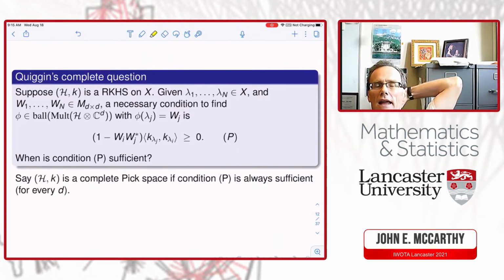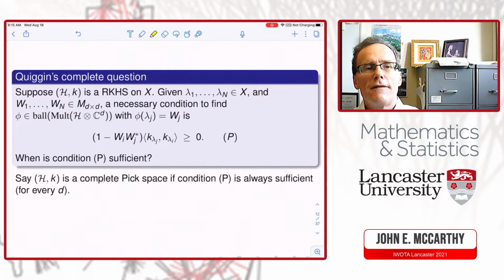So now in this vector case, Quiggin's question would become: if you fix some D, and then you choose n points lambda 1 through lambda n in X, and you choose n D by D matrices, W1 through Wn, when can I find a function that's a multiplier of the direct sum of H with itself D times, and in the closed unit ball of that, has norm less than or equal to 1 as a multiplier?